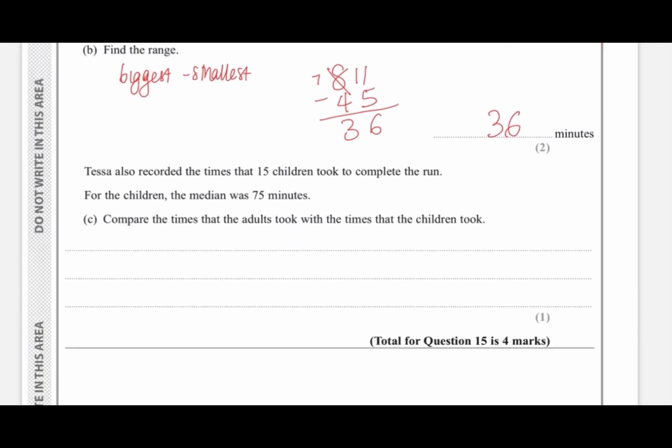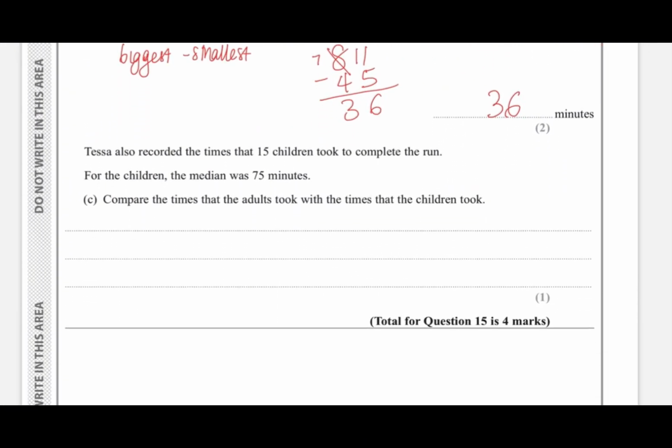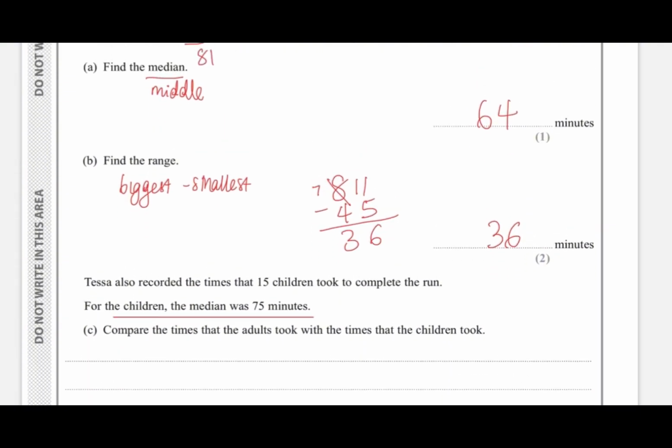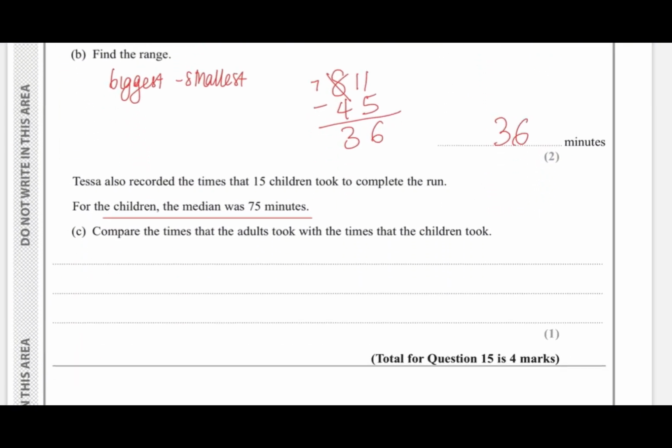And then the last bit of the question says, Tessa also recorded the times that 15 children took to complete the run. For the children, the median was 75 minutes. Compare the times that the adults took with the times that the children took. So the median number for the children was 75 minutes, and the median time here for the adults was 64 minutes.